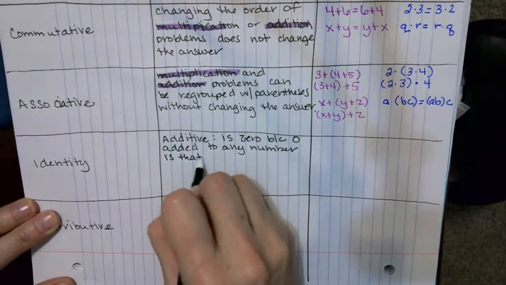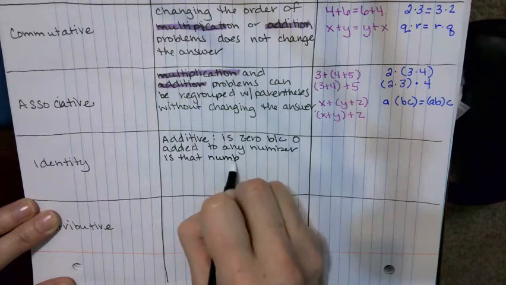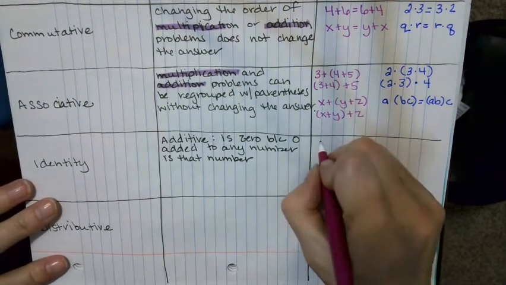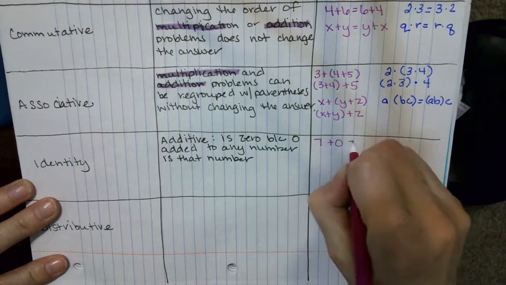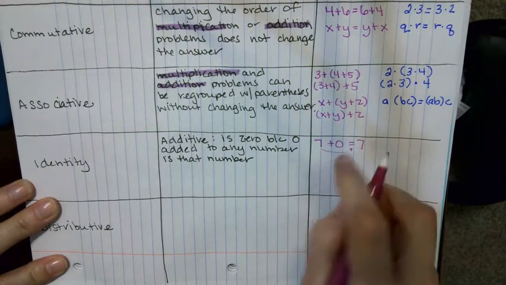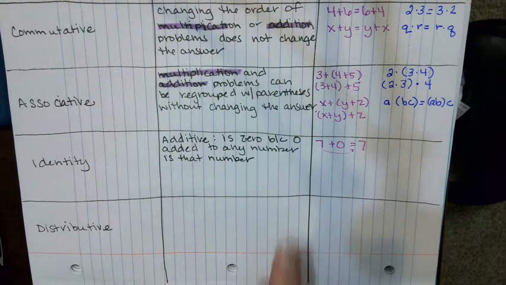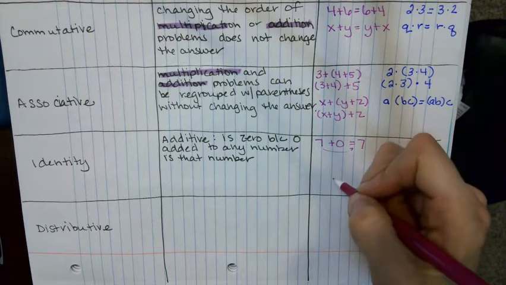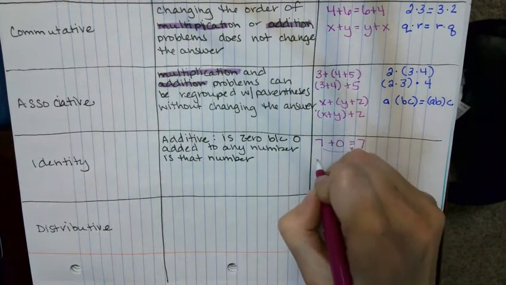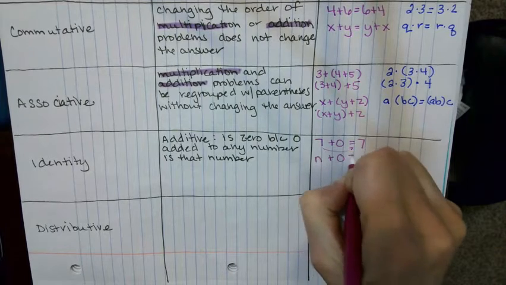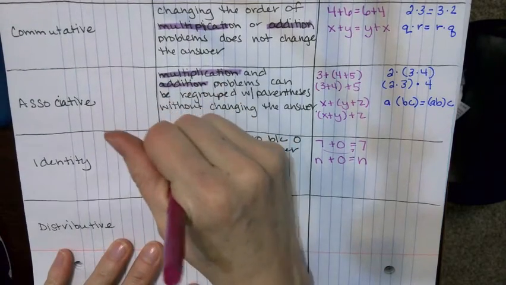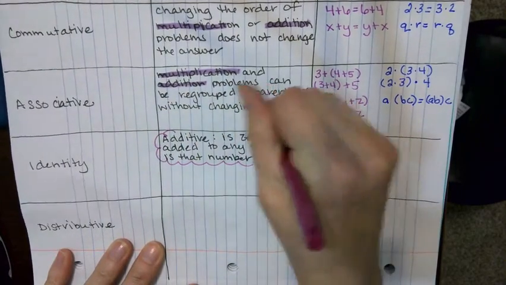It doesn't change the answer. For instance, if I have the number 7 and I add 0, I still get 7. 0 is the additive identity because it doesn't change the value of my original number. I could also write this algebraically and say a number n plus 0 equals n. This is your additive identity.